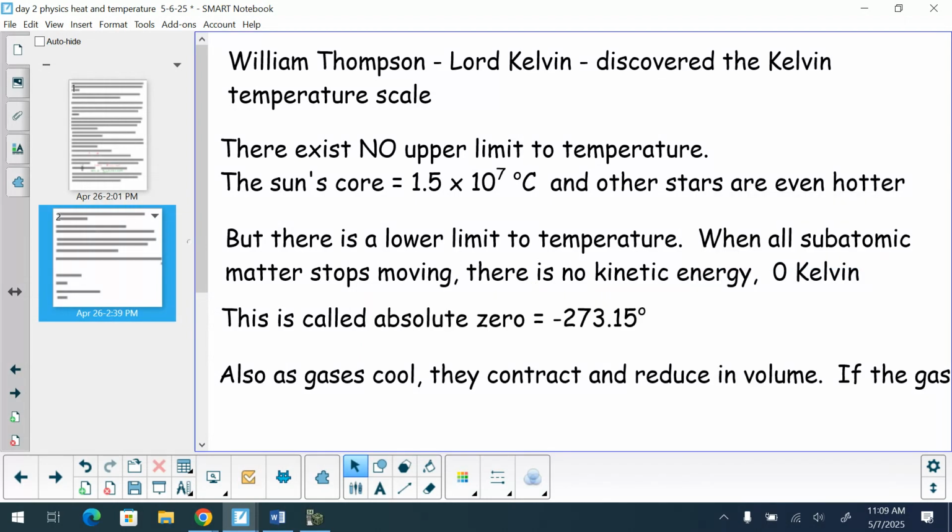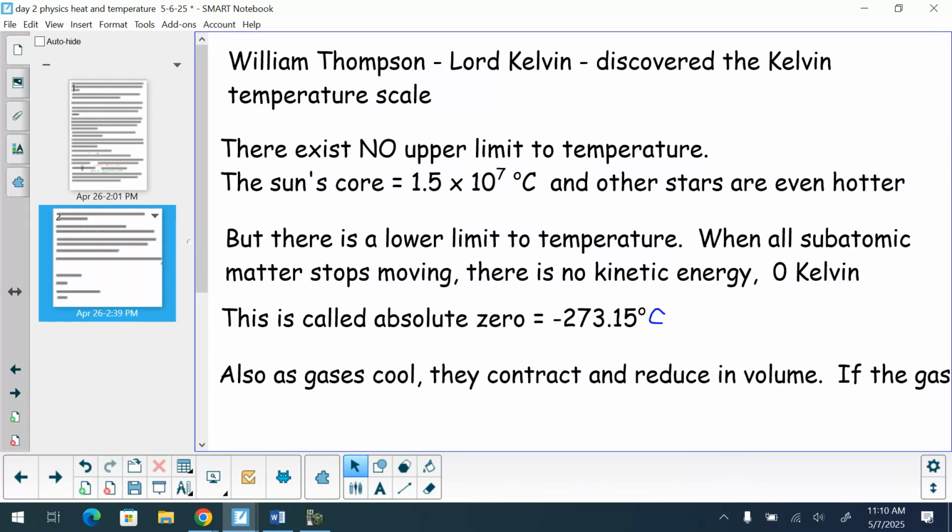And this happens at negative 273.15 degrees Celsius. At negative 273.15 degrees Celsius, all atoms stop moving, all subatomic particles stop moving.